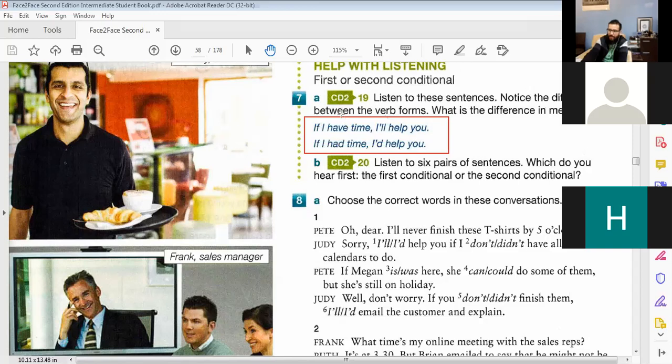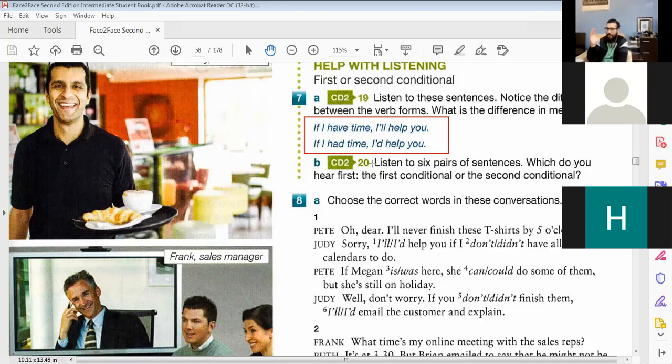So this is kind of important. Now, this part, we didn't do part B yet. In part B, it says, listen to 6 pairs of sentences. Which do you hear first, the first conditional or the second conditional? In part B here in the listening, we are going to hear 6 pairs of sentences.